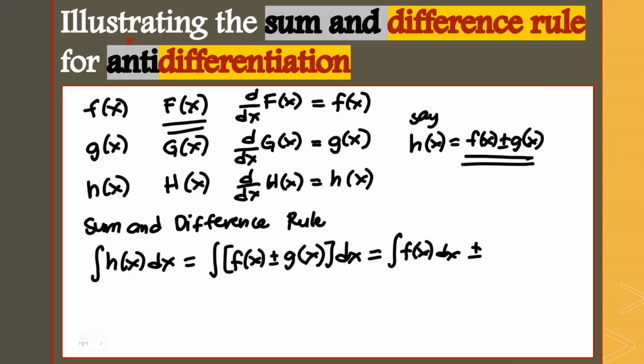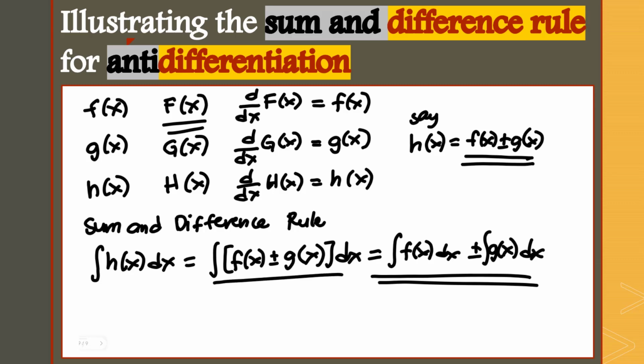And when we separate, we use the operation separating them, whether plus or minus. So this is the sum and difference rule. If we have a combination of two functions, you can separate them, distribute the integral sign and your notation for dx, or the integral with respect to x.